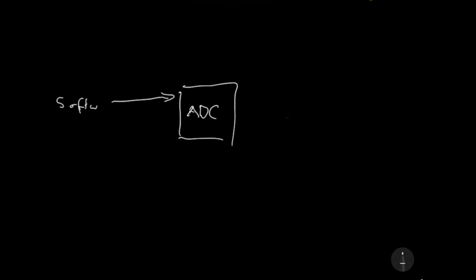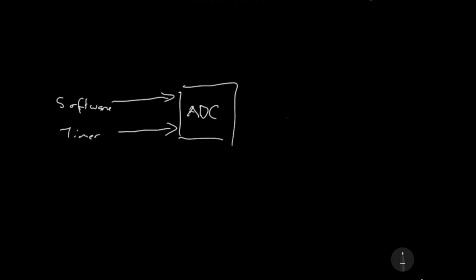So if we've got our ADC peripheral, we've got a bunch of different ways of being able to trigger that. We can trigger it to do a conversion from software, excuse my messy writing, or we can use something like a timer, or we can get it to just continue to do continuous conversions.